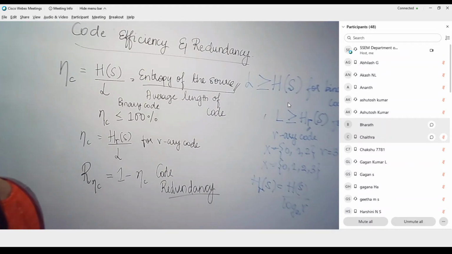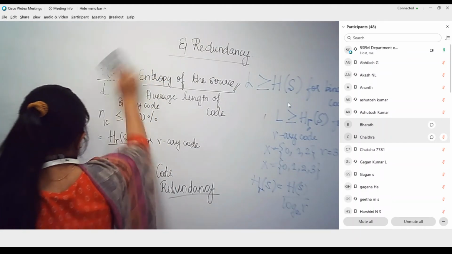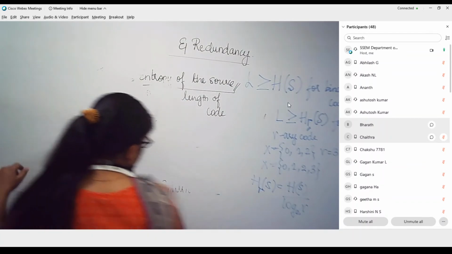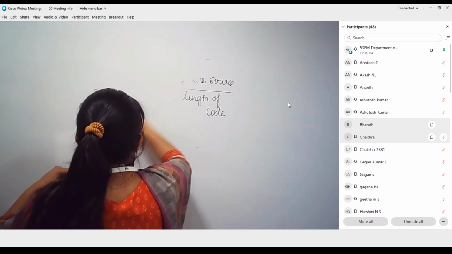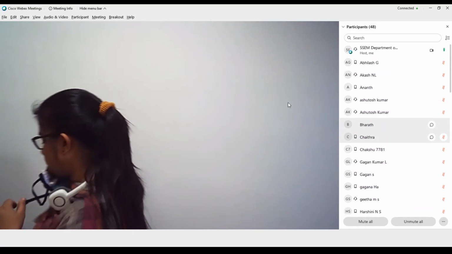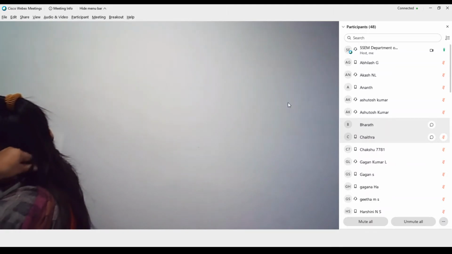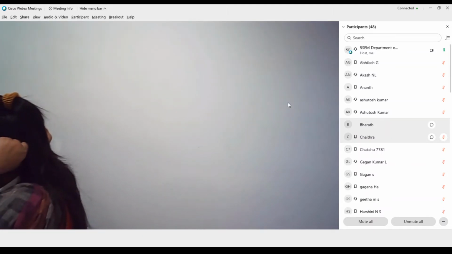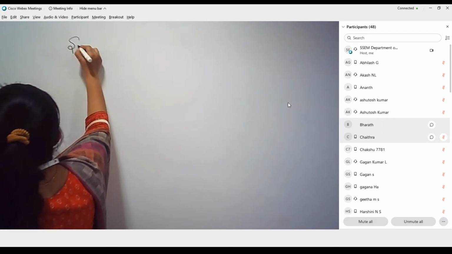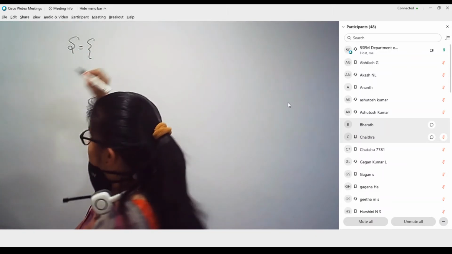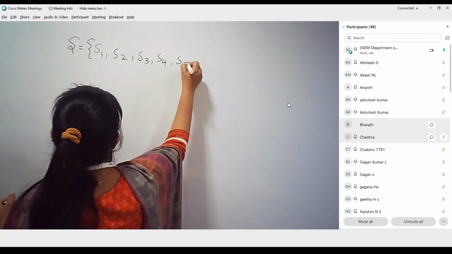A source having an alphabet capital S is equal to, open the flower braces, S1, S2, S3, S4, S5.